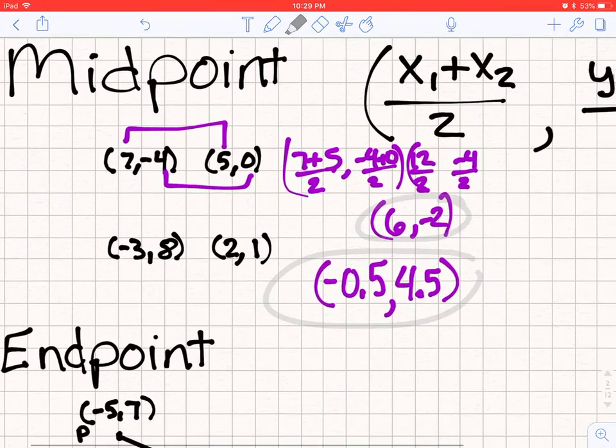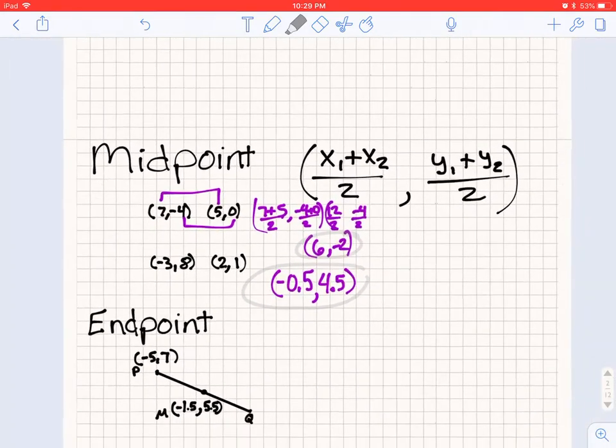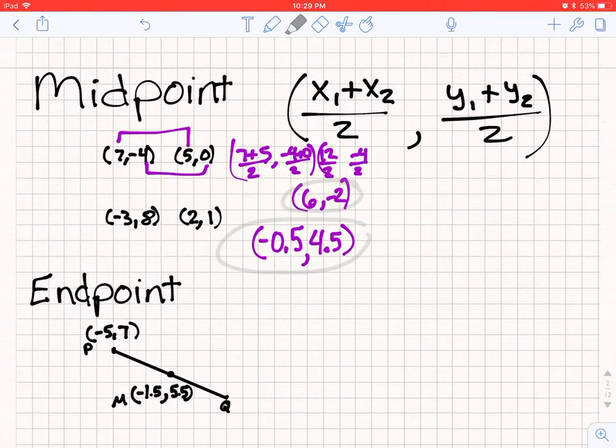Now, your quizzes also ask you some questions where they tell you the endpoint and they tell you the midpoint. Honestly, the way that I think about this is I go back to the idea of slope. I think to myself, if to get from this point to this point, I added, what was that, 3.5? I added 3.5. To get from the middle to the other endpoint, I'd have to add the 3.5 again.